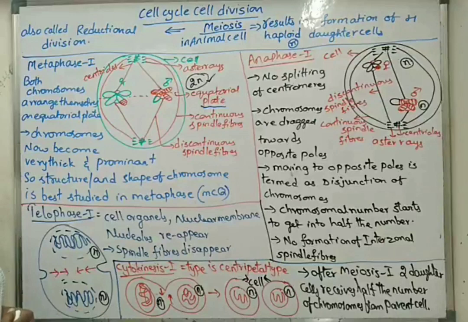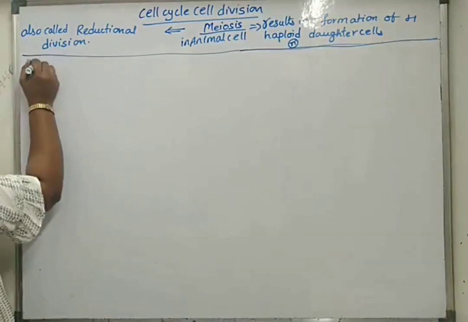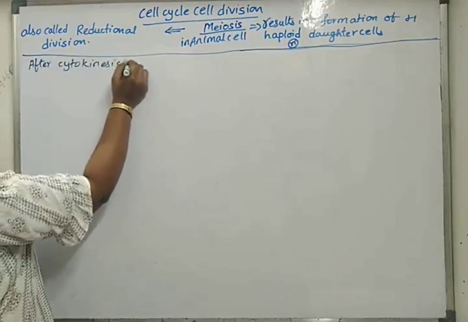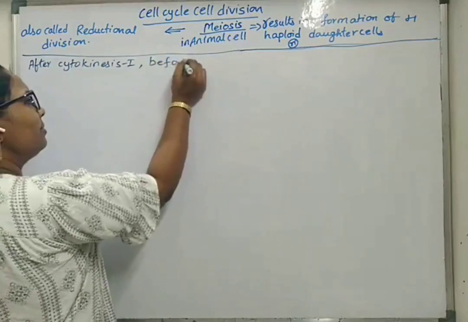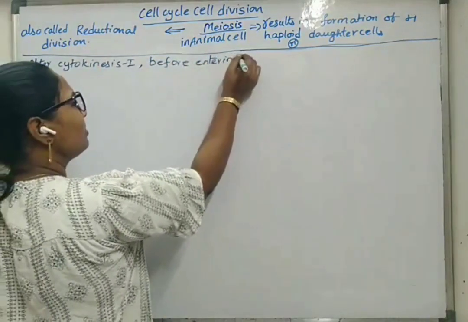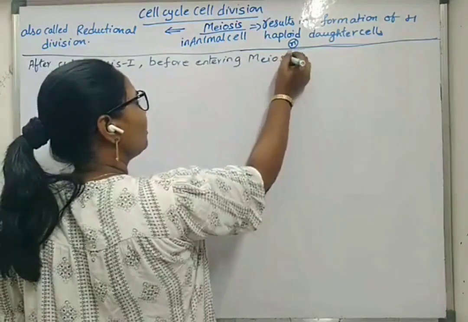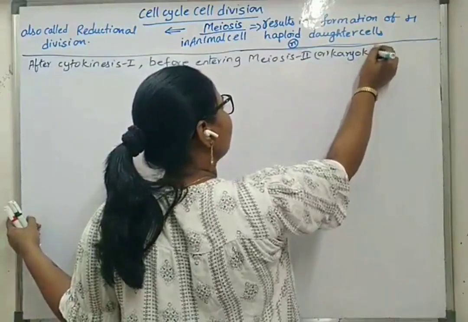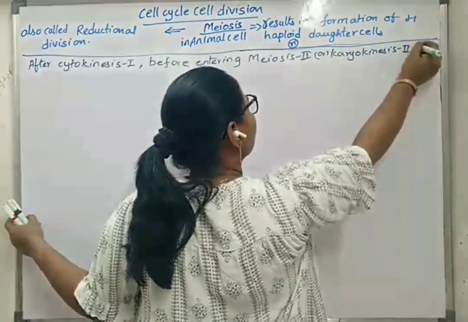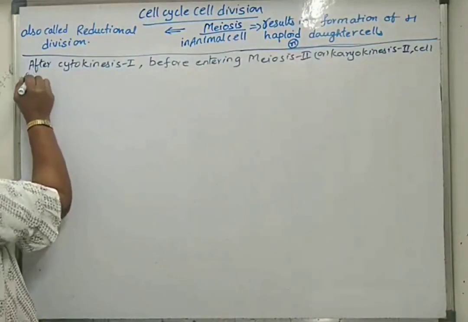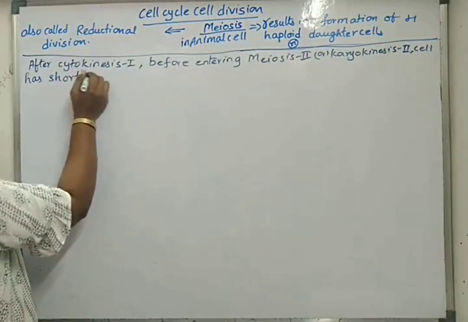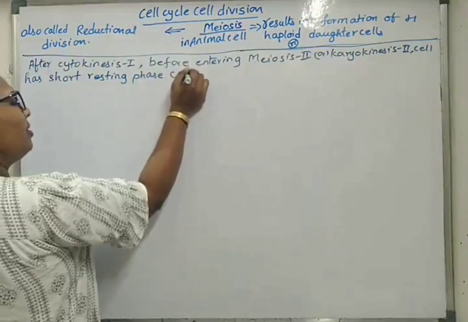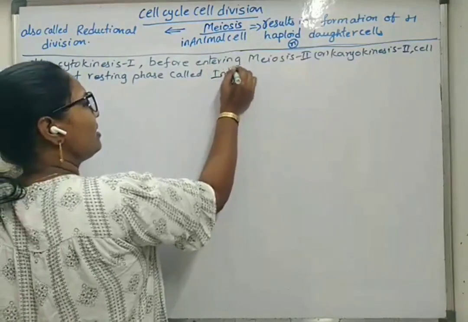Now we will see about those steps. After cytokinesis 1, before entering meiosis 2 or karyokinesis 2, the cell has a short resting phase called interkinesis.